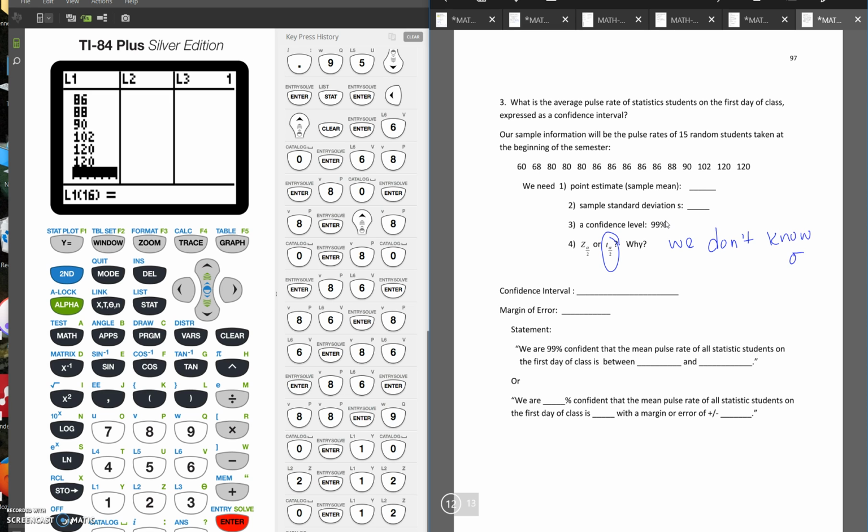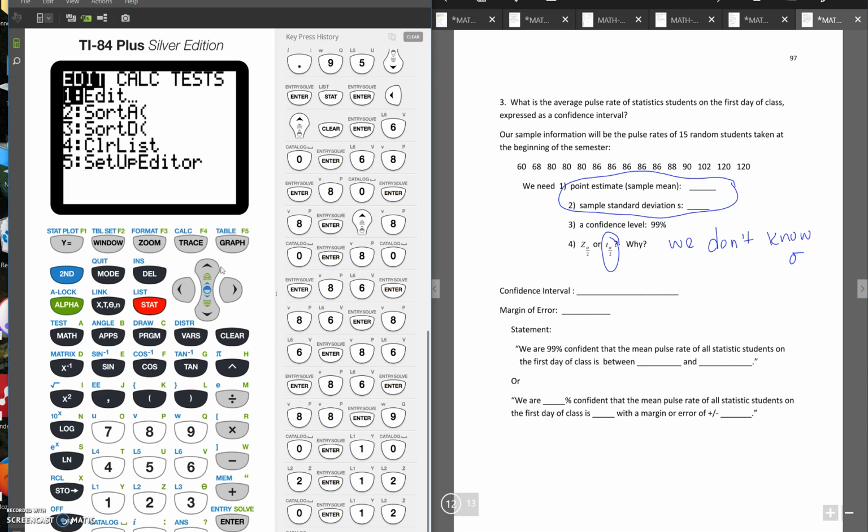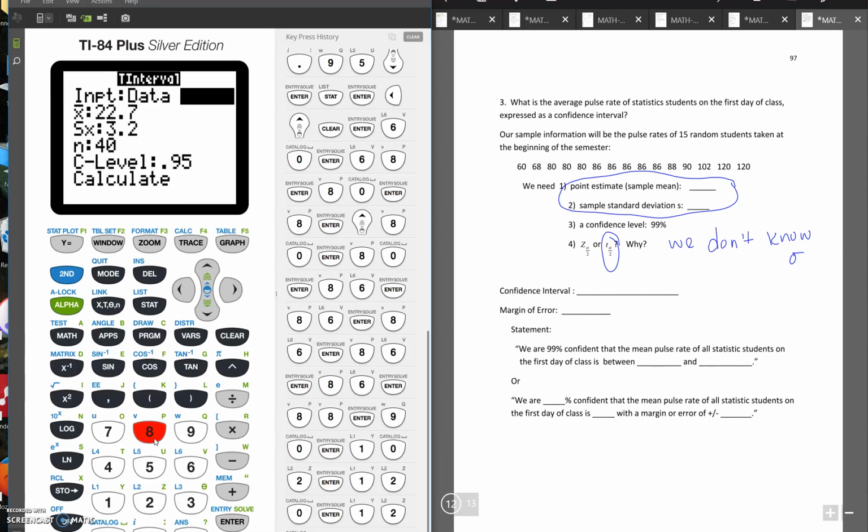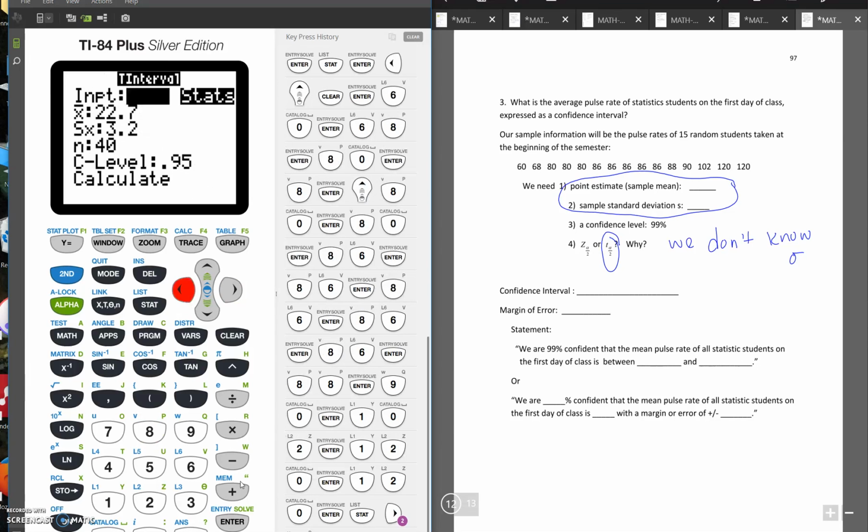Now the good news is the calculator will actually kind of do this in the background. You don't need to find it right now. So we're going to go to Stat, over to Tests, and we're going to go down to T interval. And instead of choosing Stats, we're going to choose Data. So since we put everything in L1, we're going to leave frequency at 1. It's going to do everything for us.